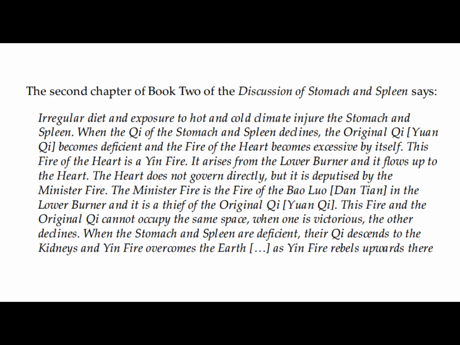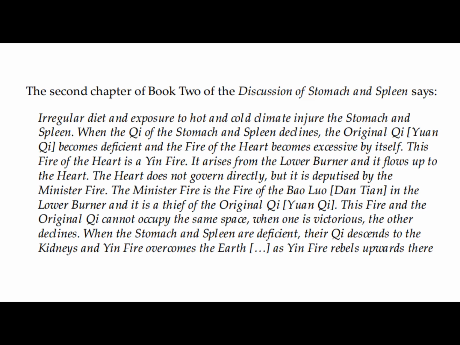The minister fire is the fire of the Pao Luo, Dan Tien, in the lower burner, and it is a thief of the original or yuan qi. This fire and the original qi cannot occupy the same space. When one is victorious, the other declines. When the stomach and spleen are deficient, their qi descends to the kidneys and yin fire overcomes the earth.